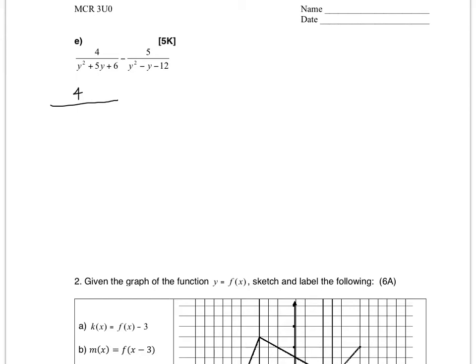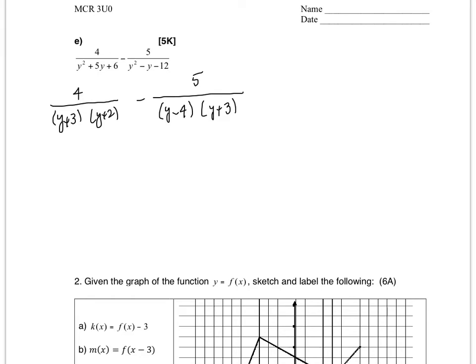So I can write this one as y plus 3 and y plus 2, minus, again, the leading coefficient is 1, so find two numbers. The product is negative 12, add up to negative 1. Those are negative 4 and 3. So I get y minus 4, y plus 3.